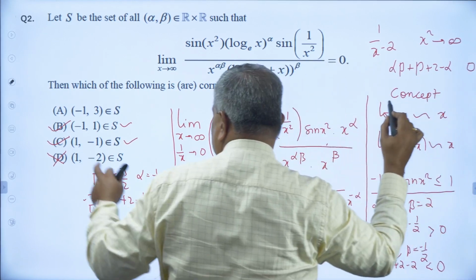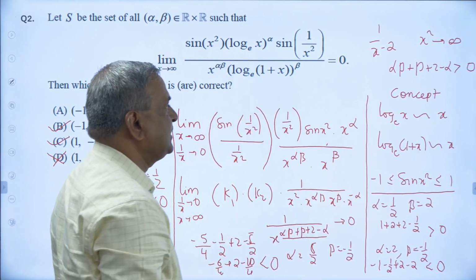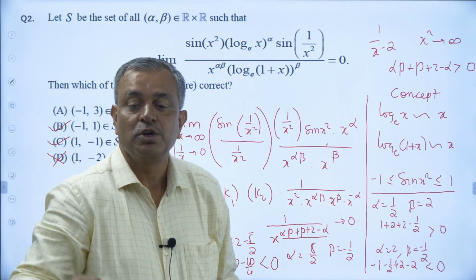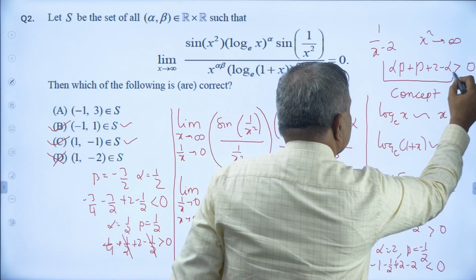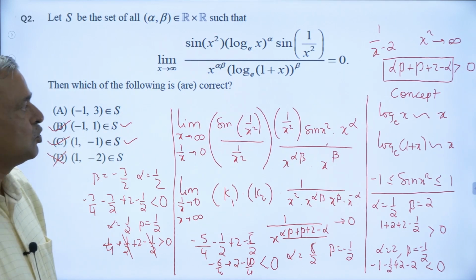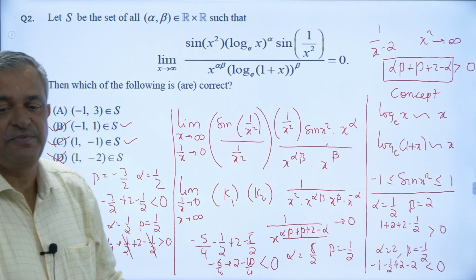If it is greater than 0, what happens? 1 by x square, 1 by infinity, is tending to 0. So the most important point is this condition: alpha beta plus 2 minus alpha must be greater than 0, then you get the finite limit.